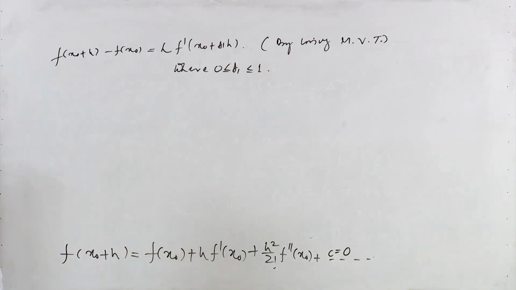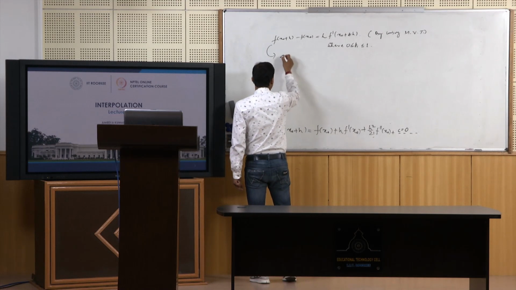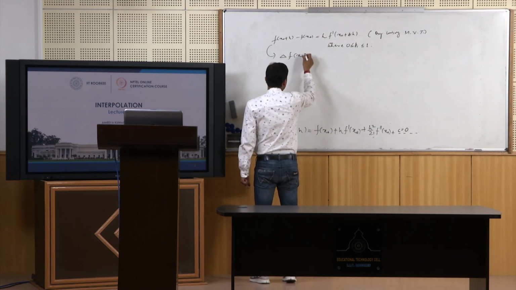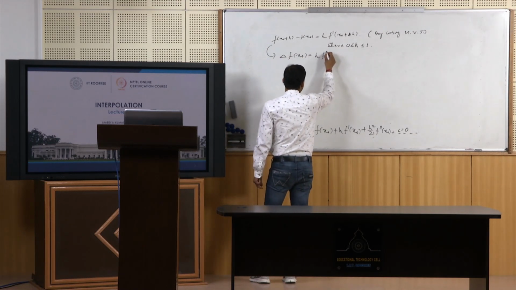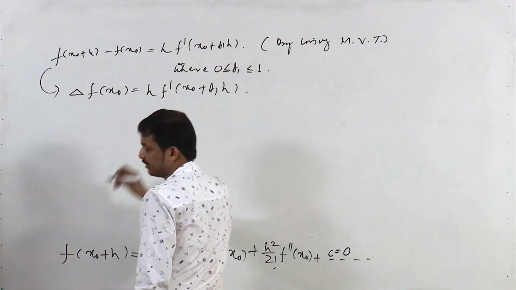So obviously we can write f of x0 plus h minus f of x0 as del f of x0. This equals h f dash of x0 plus theta 1 h here.